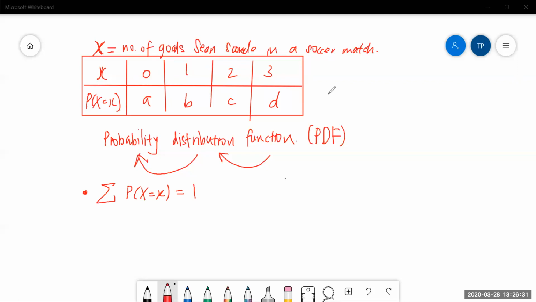Sean cannot score 4 goals or 5 goals, or rather, he hasn't scored 4 to 5 goals yet. That's why there is no probability to it. So whenever you see a table, all the x values are exhaustive, meaning those are the only possible x values. Get it?